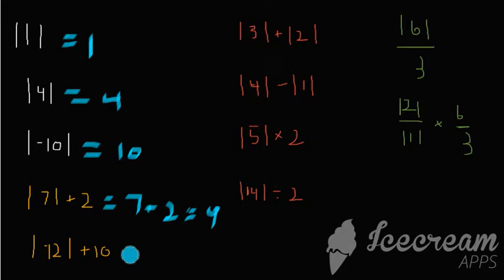Same thing down here: absolute value of negative 12 plus 10 will be 12 plus 10, which would then be 22. And so that's the first part of class when we started talking about absolute value.